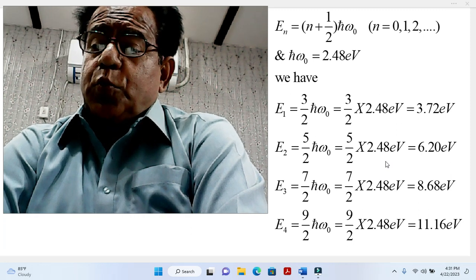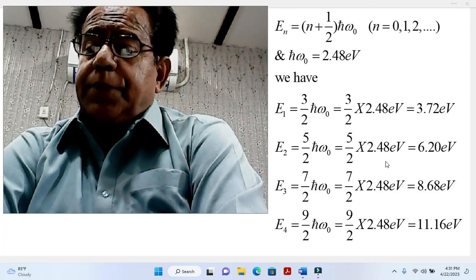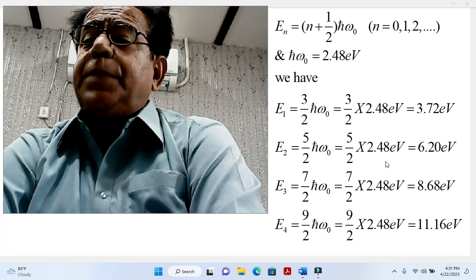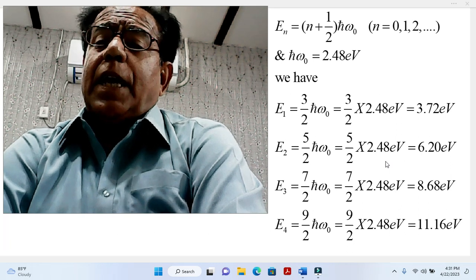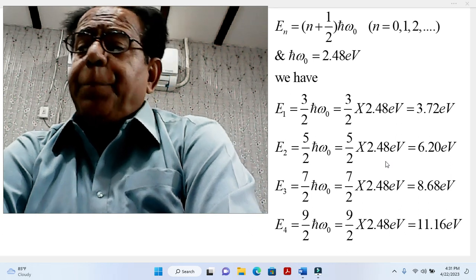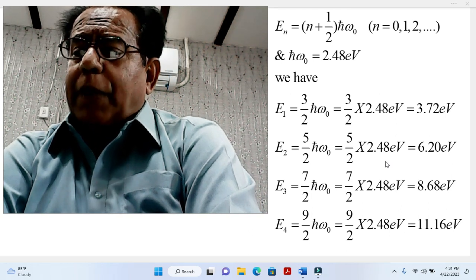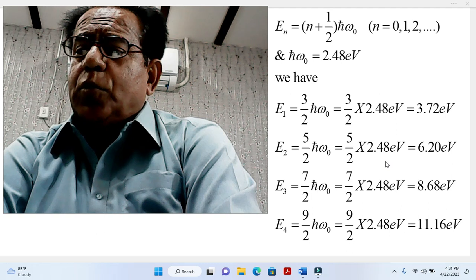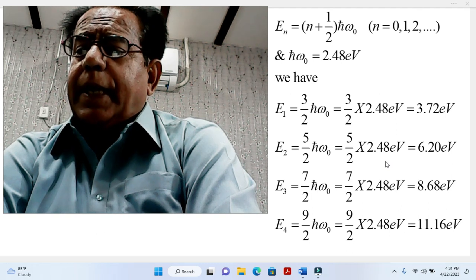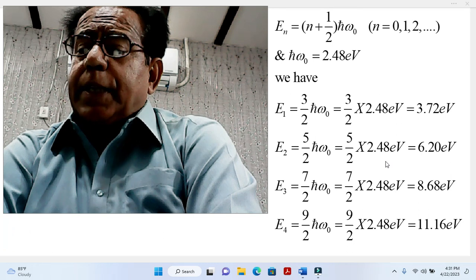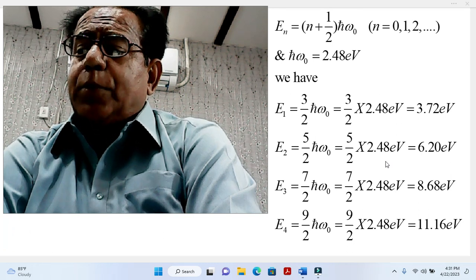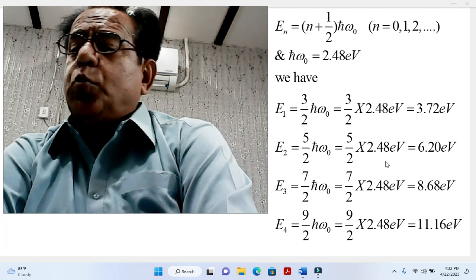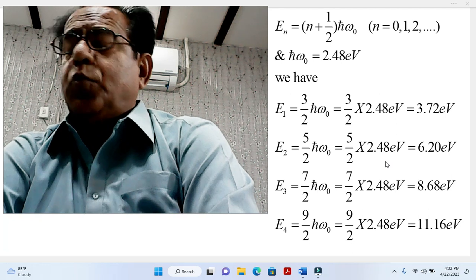Now in order to find the value of E3, we will put n equal to 3, and hence E3 becomes 3 plus half, which is equal to 7 by 2, into h cut omega naught. The value of h cut omega naught is 2.48 electron volt, and hence we multiply 7 by 2 with 2.48 electron volt, and E3 will become 8.68 electron volt.